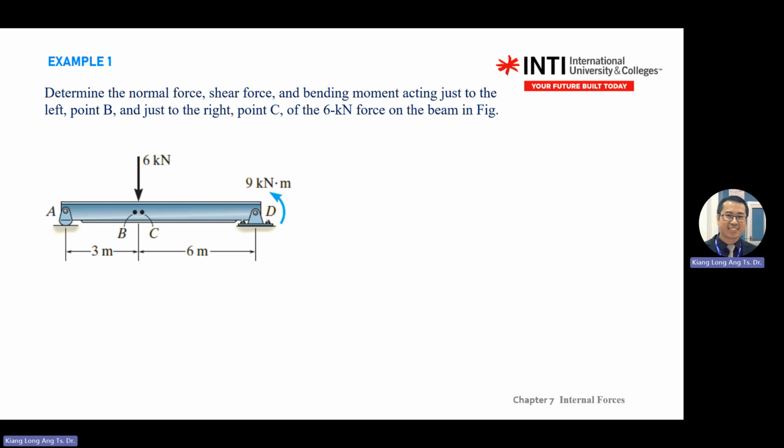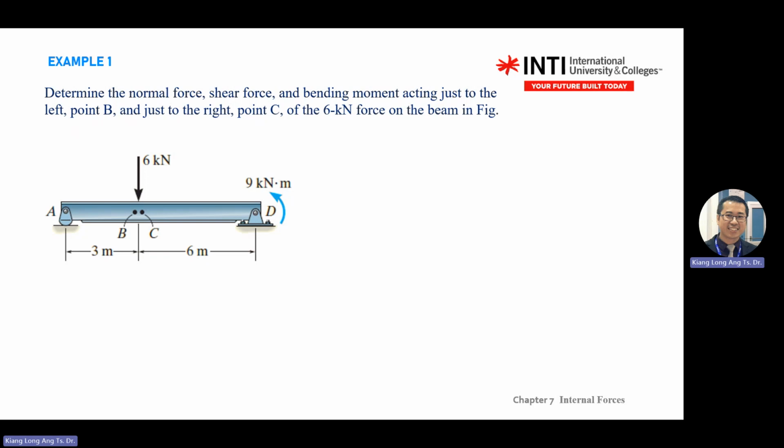What is the reaction force at point A? You only have AY. Can it rotate? Yes, because it's a pin, so it can rotate, so no moment.